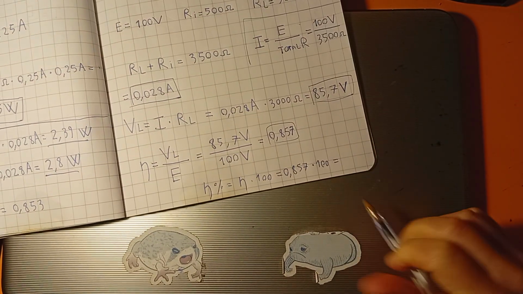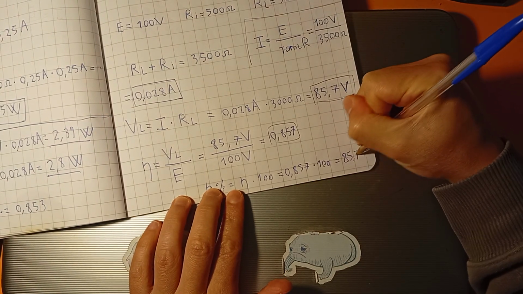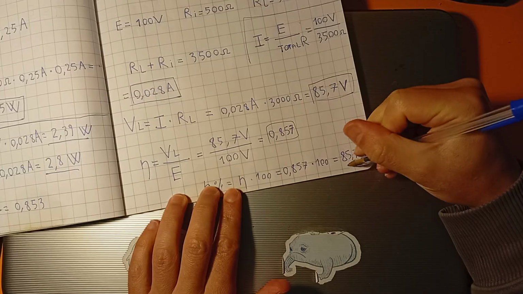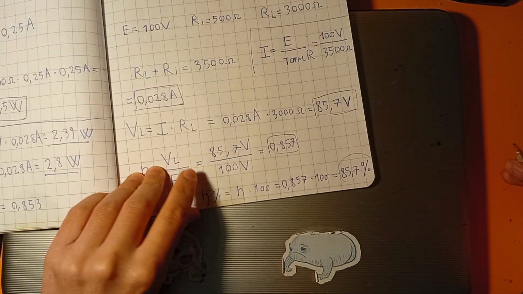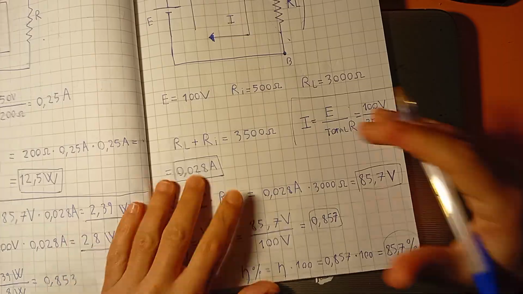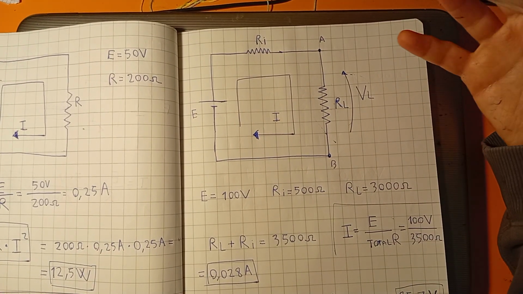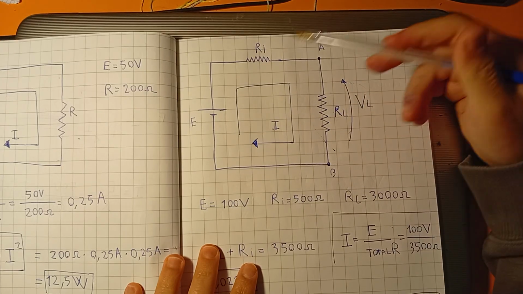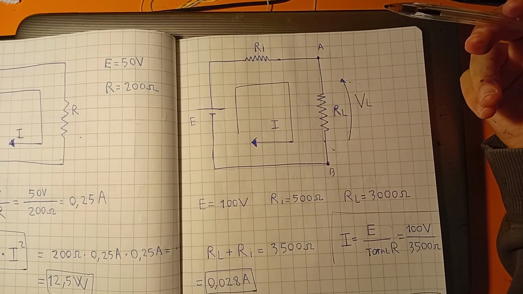So the result will be 85.7%. The circuit efficiency is 85.7%. So this circuit is efficient only at 85.7%. It's not that bad, but it could be improved.